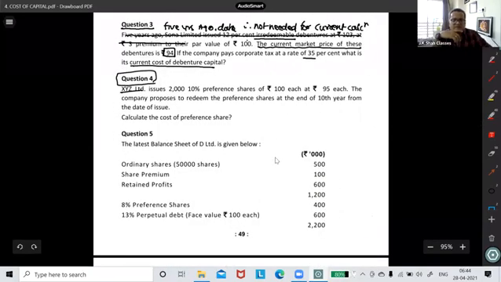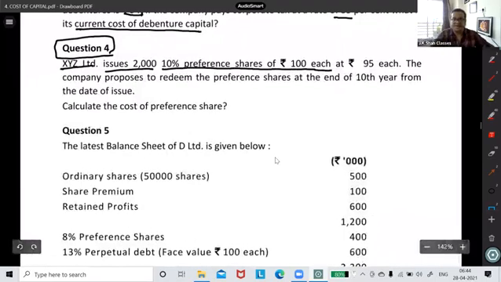XYZ Limited issues 2000 10% preference shares of 100 each. Of 100, guys, that means 100 is the face value, correct? At rupees 95.